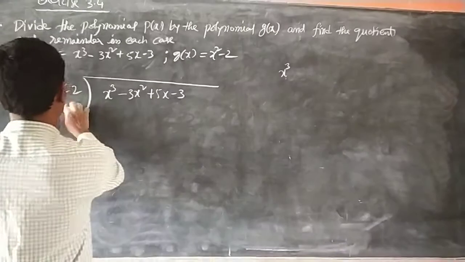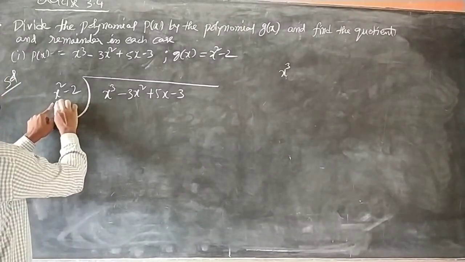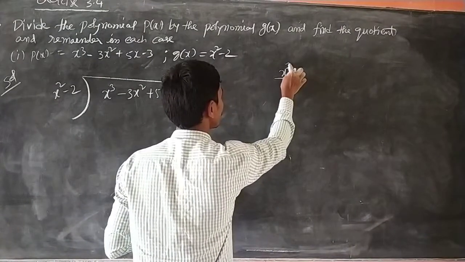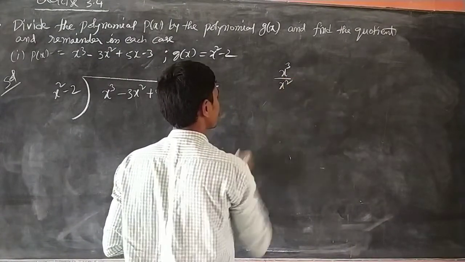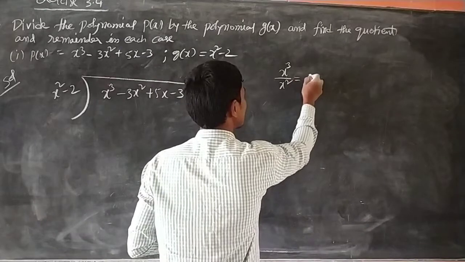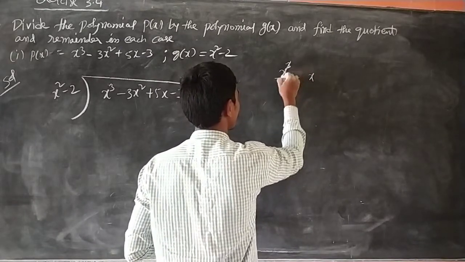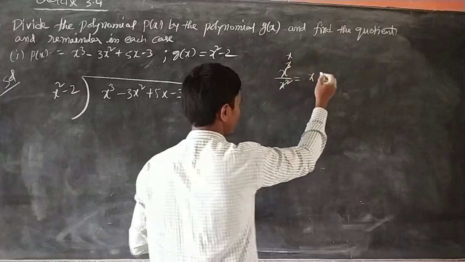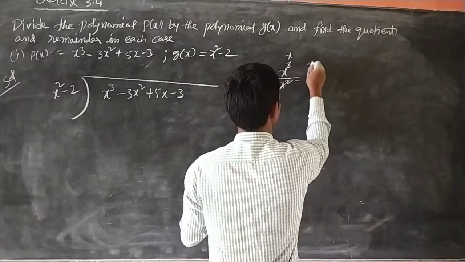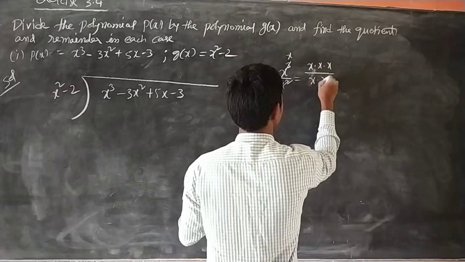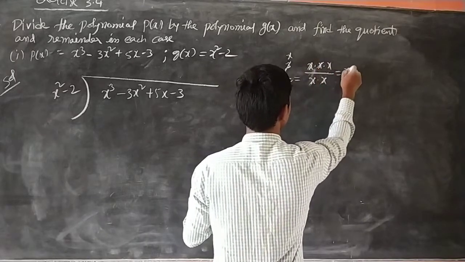Next from divisor, what is the highest degree term? x square is the highest degree term. So divide x cube by x square term. You will get x times, or if you have doubt, write x cube by x square, x into x cancels, that is x.